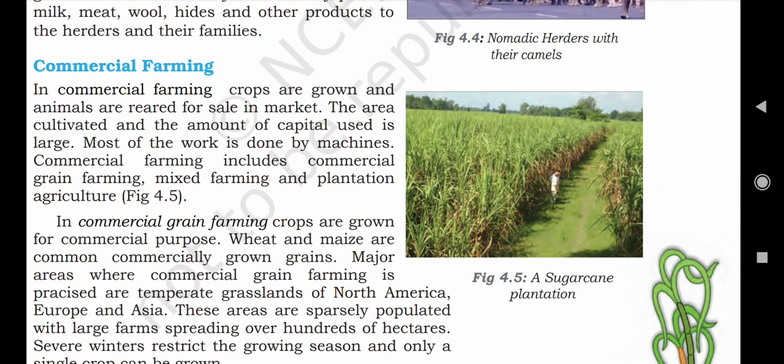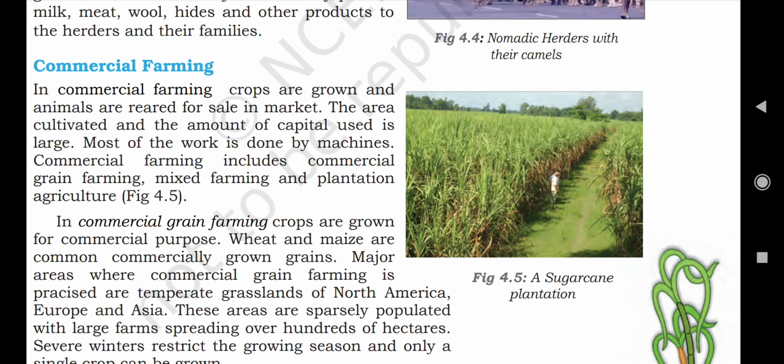Now let's discuss commercial farming. The word itself suggests that commercial is related to money, where you can get a profit or get some more money.